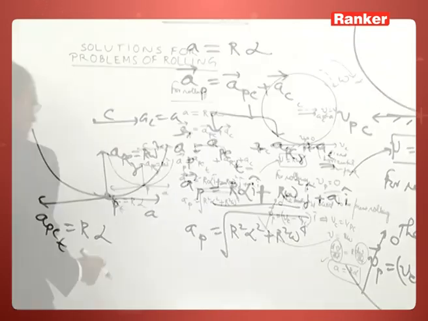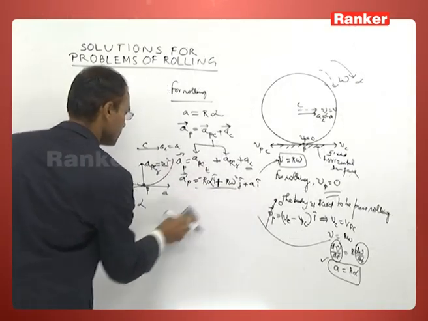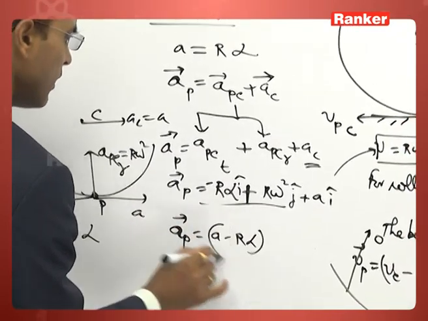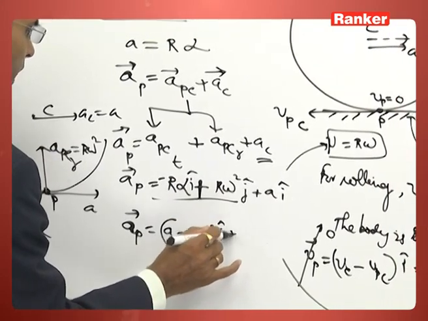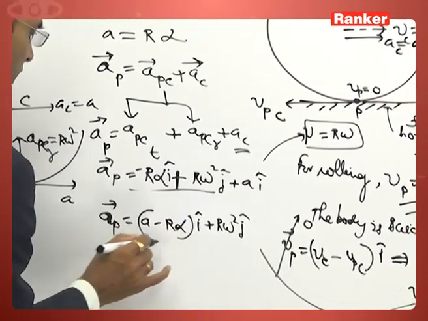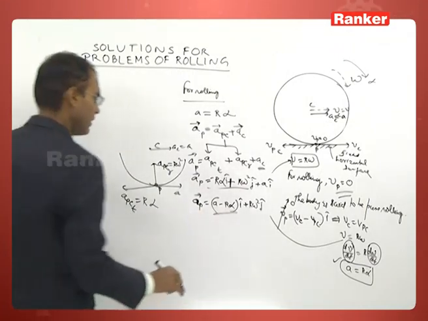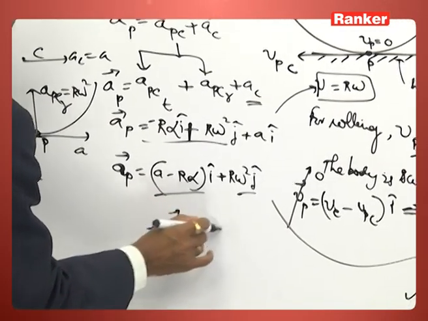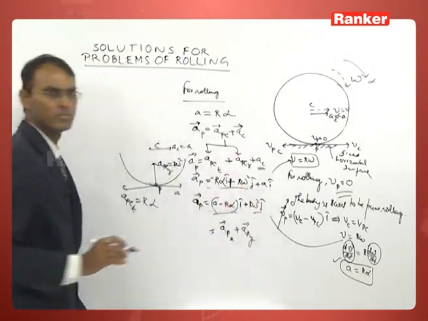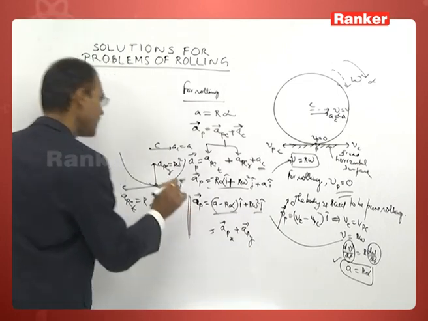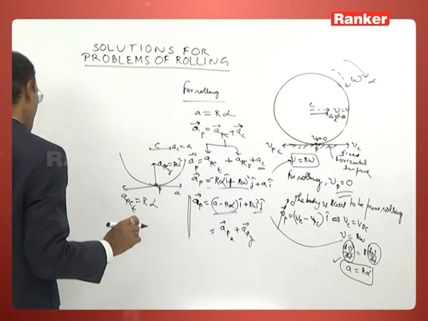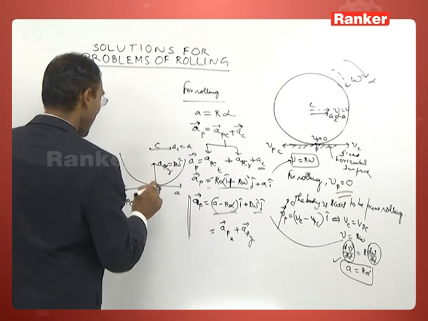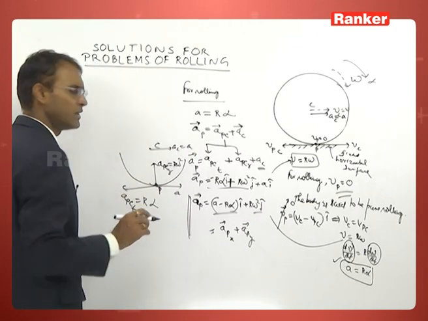Therefore, AP can be written as A minus r alpha i cap plus r omega square j cap. This is the APX plus APY. Here one very interesting thing we can conclude: acceleration of this point is not 0.